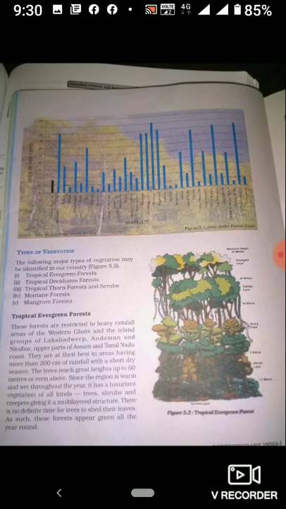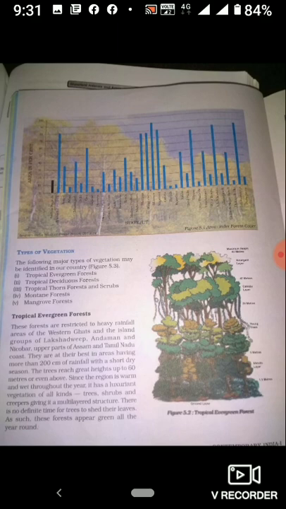We have trees and shrubs in this evergreen forest, and there is no definite time for trees to shed their leaves. As such, these forests appear green all over the year. So, these are the basic qualities of this tropical evergreen forest.